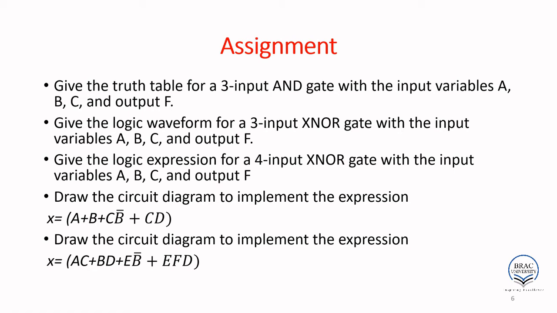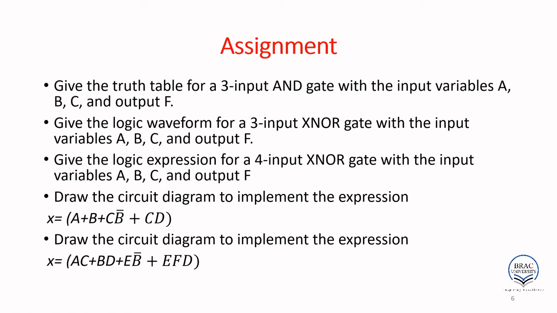If you understand them correctly, you can determine the output waveform as well, and from there you can get the idea of how to implement the circuit. Later on you got the idea about Boolean expression, and from the Boolean expression how to draw the circuit. The assignment is based on the concepts we learned before.